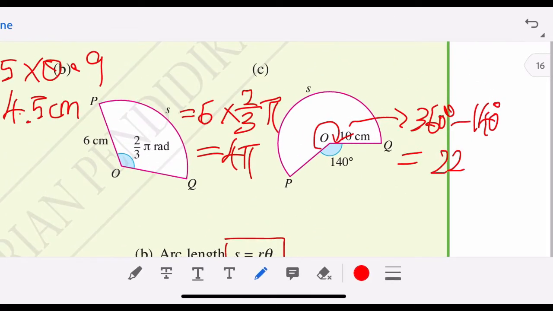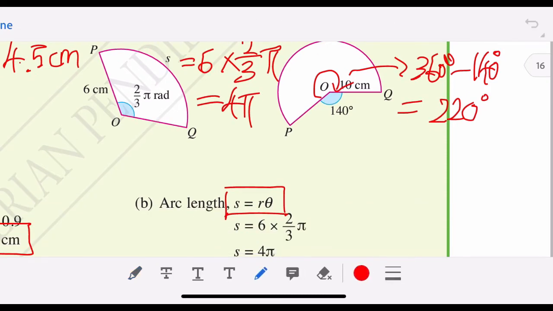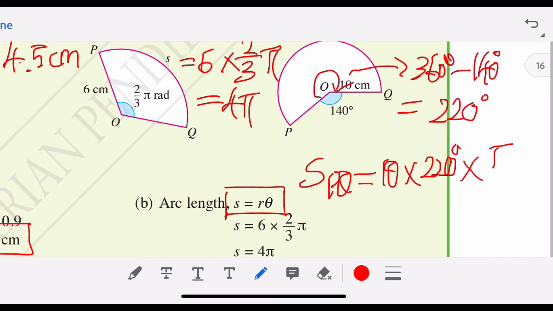But this is in degrees, so you have to convert to radian if you want to find the arc length PQ. Is it radius times 220? No, you have to convert to radian.